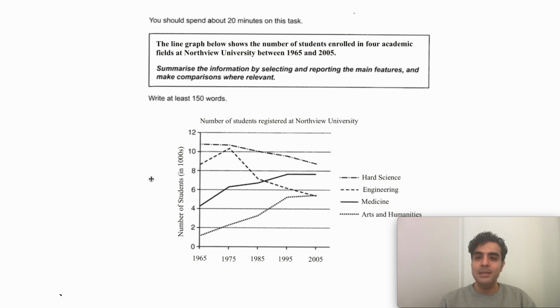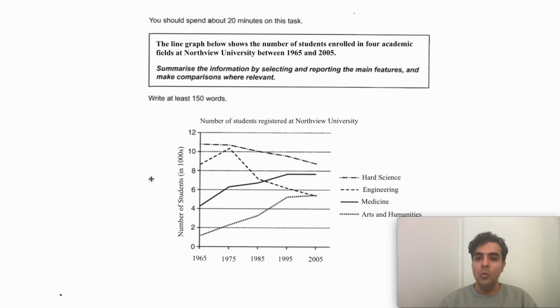Now, the chart itself is presented to you. In this case, as you can see, we have a sample line graph. Now, we will later see what parts of this chart you need to pay attention to. And we're going to look at the different types of data in the next lesson.